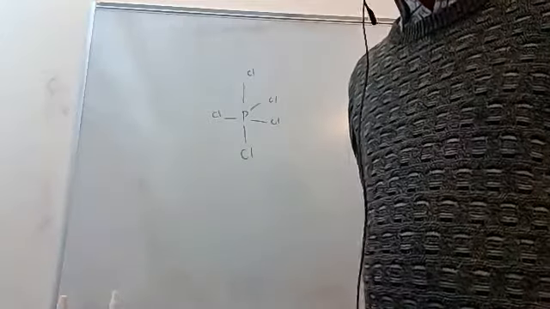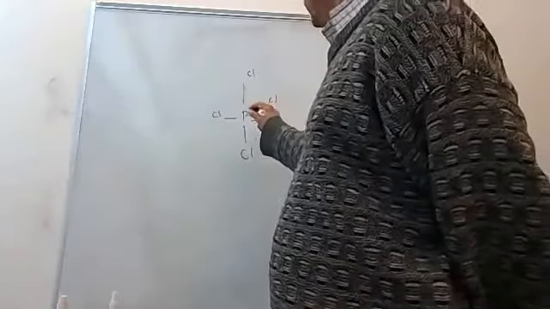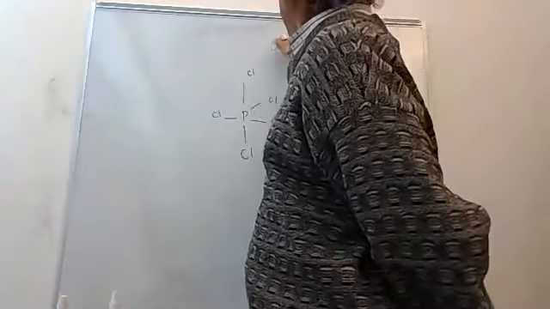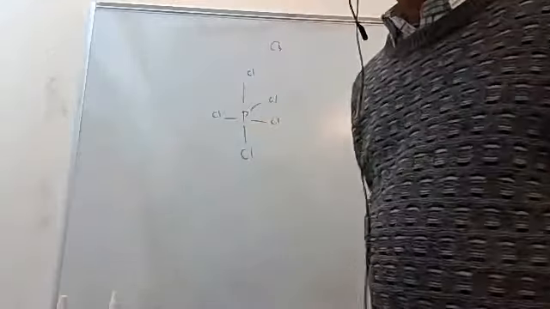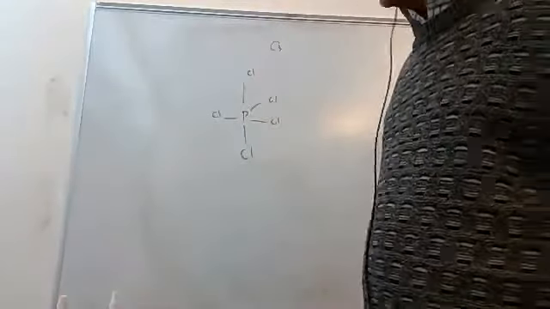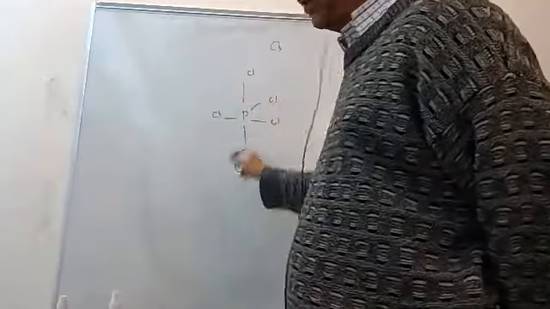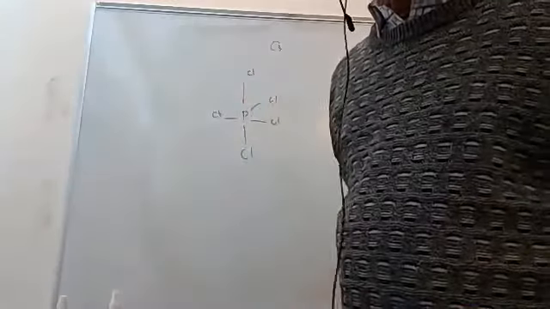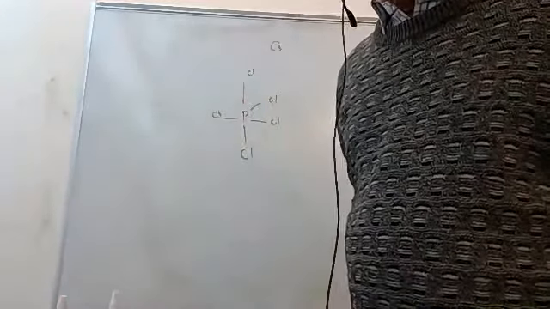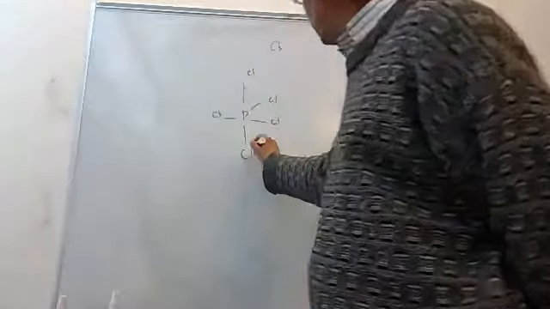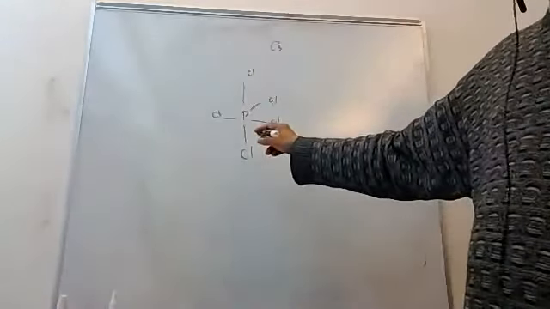This one has a C3, right? The axial Cl, PCl. These three chlorines are in the plane, separated by 120 degrees. So that Cl, PCl, that line there, forms the C3 axis, right?